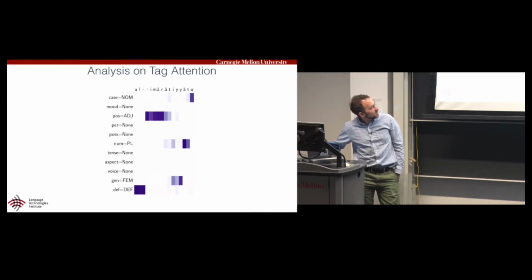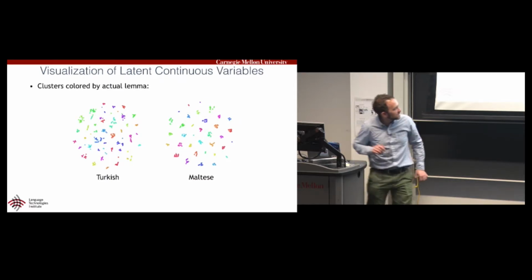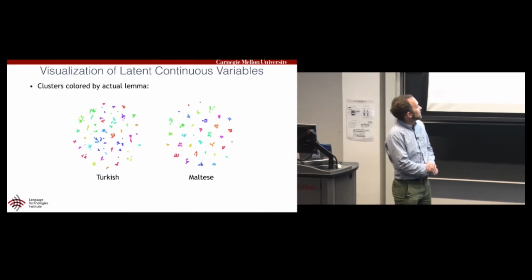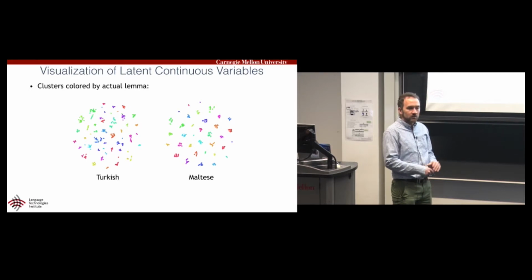And this is an example of the attention that we're doing over the tags when we generate. But maybe the more interesting thing is we didn't actually tell the model which words meant the same thing or which words had the same lemmas explicitly, other than through the training objective.